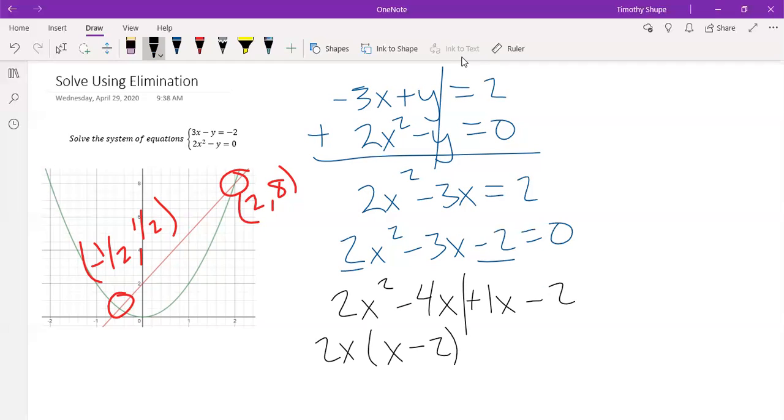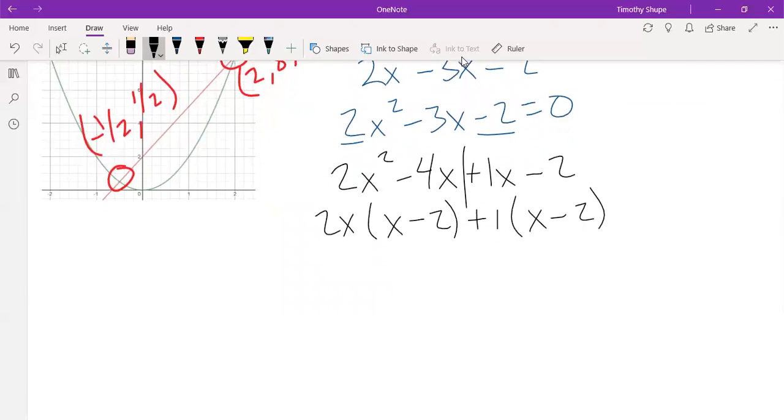From the second group, I can only pull out a +1, and I'll have that x minus 2 left over. So my two factors are that common x minus 2, and the two things we pulled out, which were 2x plus 1. And these are still equal to 0 when multiplied.